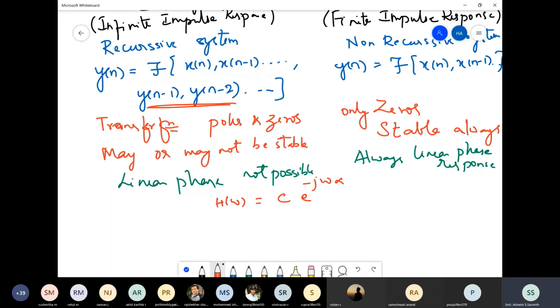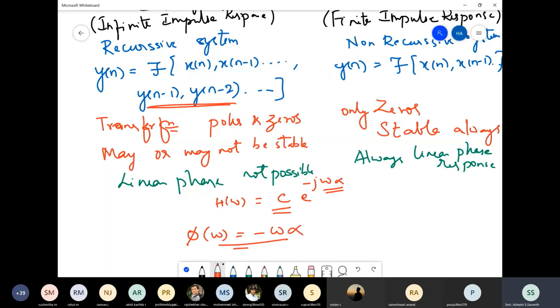How do we get that? We will see. C represents the magnitude response of the filter and minus omega alpha is the phase response. If I represent phase by phi, then phi of omega is minus omega alpha.